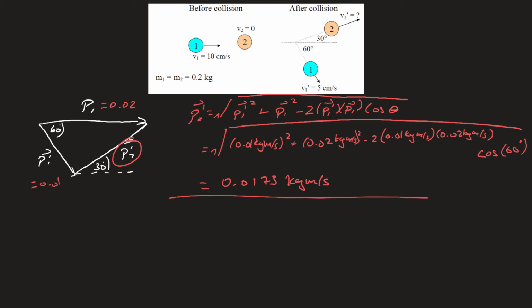So I actually know that the momentum, of course, is equal to the mass times velocity, which means velocity is equal to your momentum divided by your mass. That's going to leave us with exactly the same answer as before, although the units are a little bit different, 0.087 meters per second, which of course is equivalent to 8.7 centimeters per second, which is the answer we got in the previous examples.